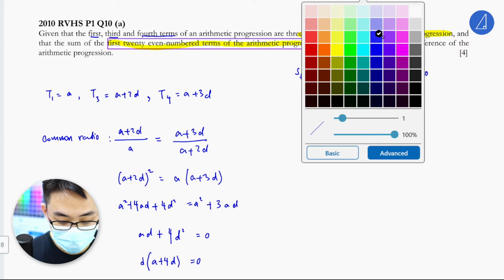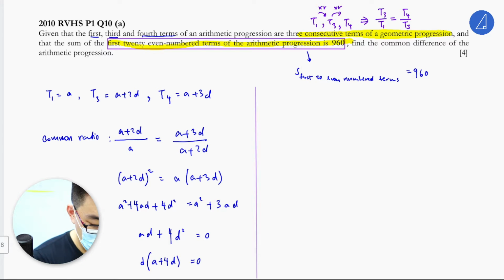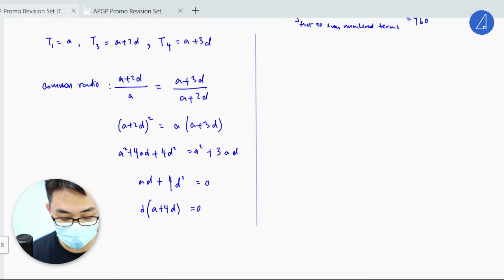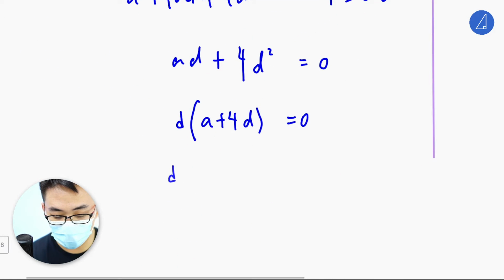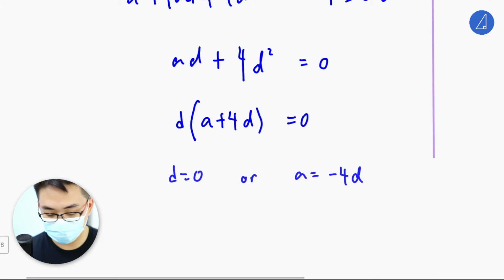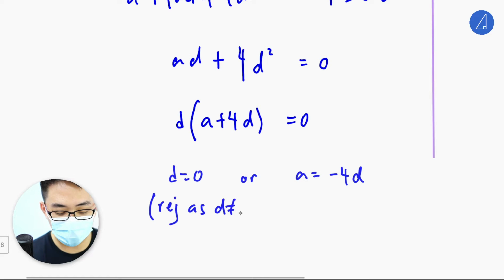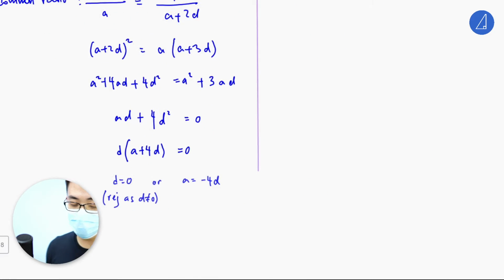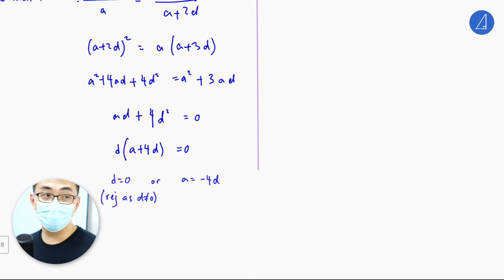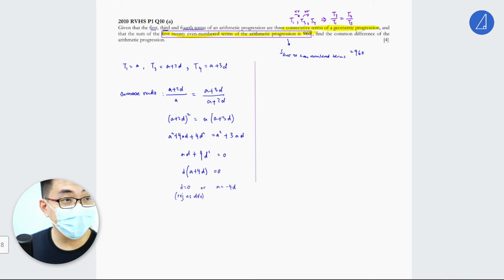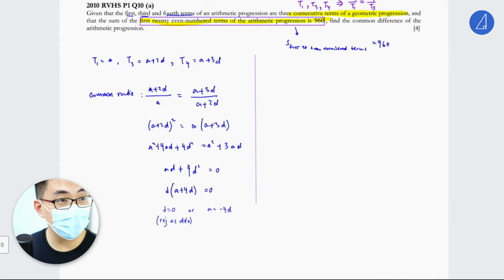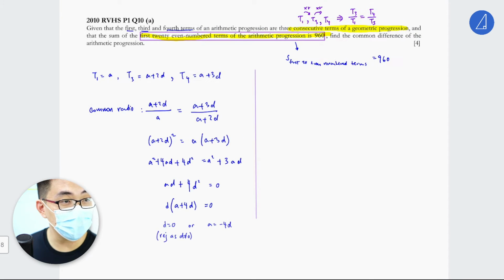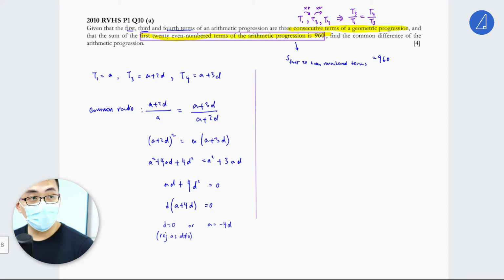From the first part, we already know, let me just write this down, we can actually relate A and D. So in this case, we know that D equals 0 or A equals minus 4D, right? This one reject, as D cannot be 0. If D is 0, then of course it's still an AP, but it's just a constant term. We don't want D to be 0.